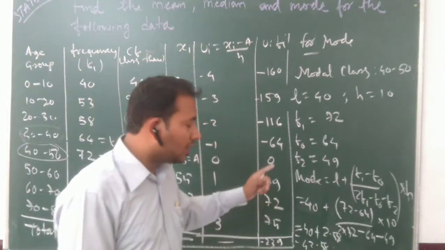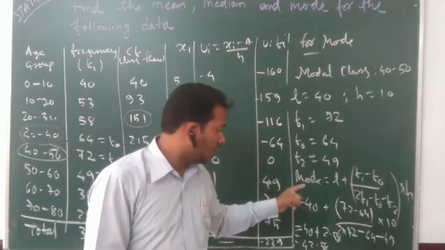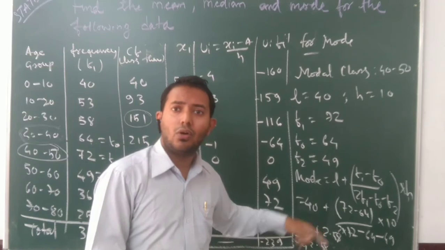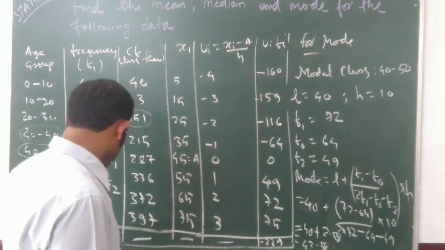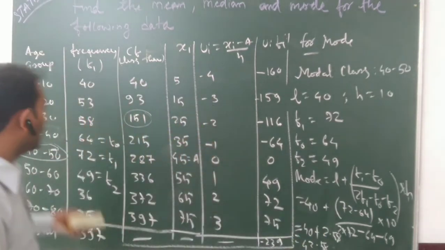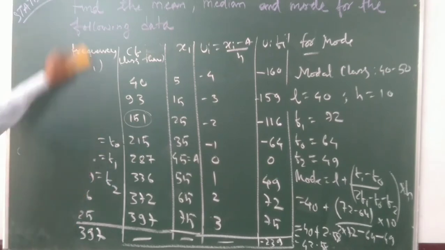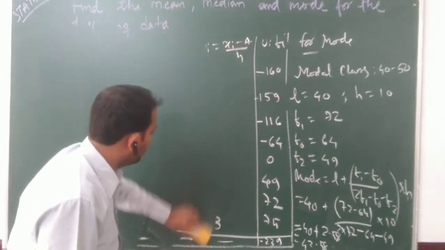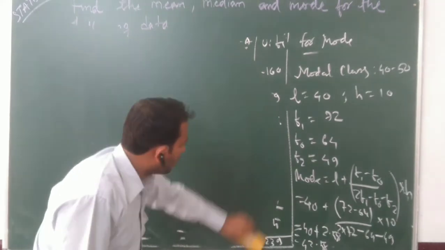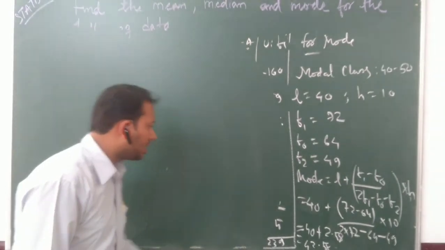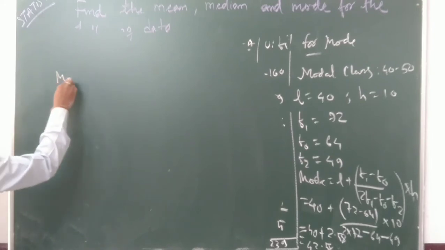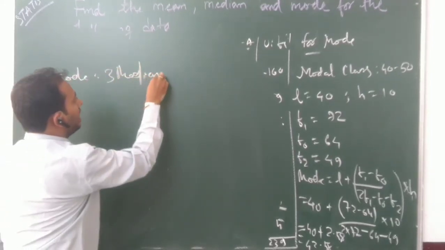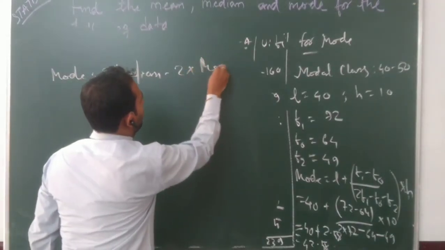So let's apply the empirical formula and see whether we get the same or a different result. We already have the two values, so we will check whether this is the same or not. The empirical formula: mode equals 3 median minus 2 mean.